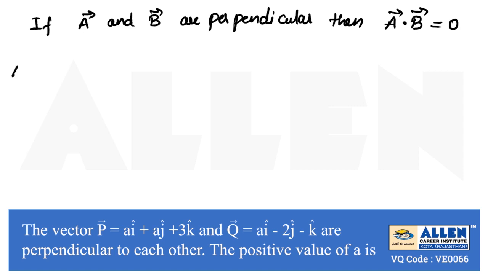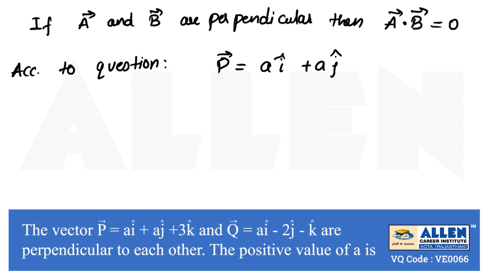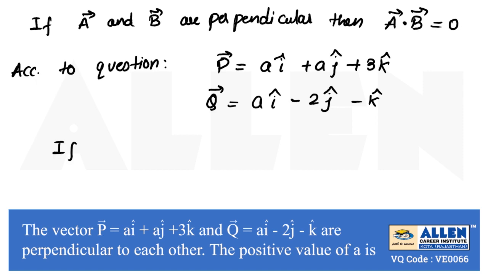Here, according to our question, we have given two vectors. The first one is p vector given as a i cap plus a j cap plus 3 k cap, and the other vector is q vector, that is a i cap minus 2 j cap minus k cap, and it is given p is perpendicular to q.